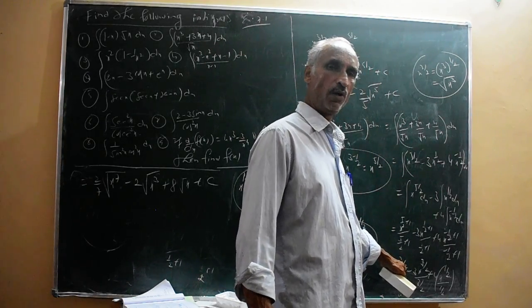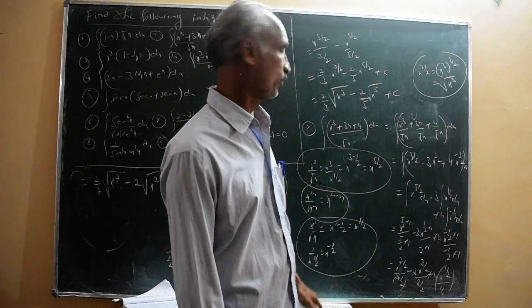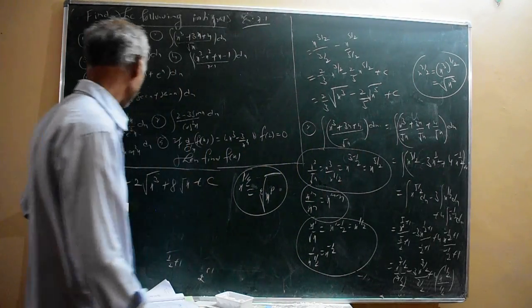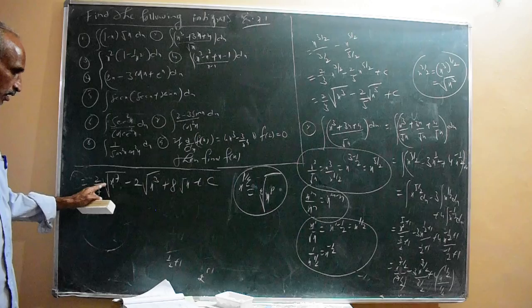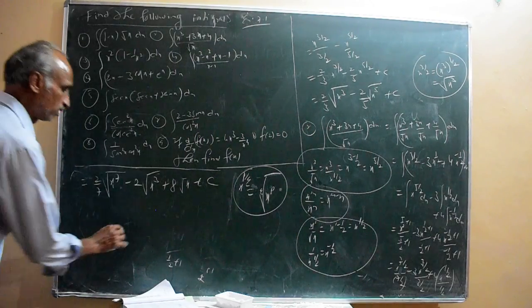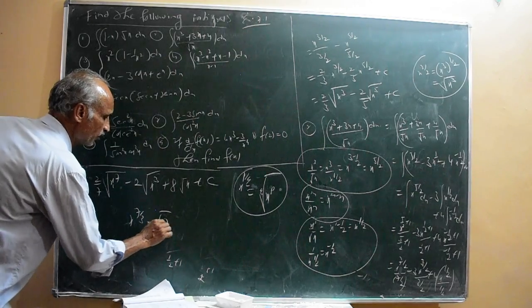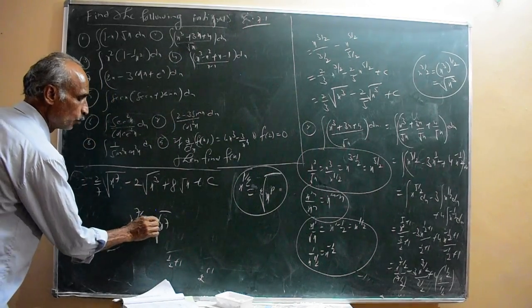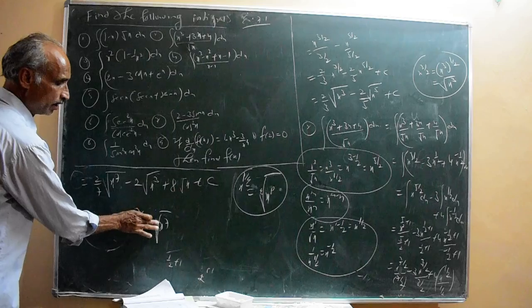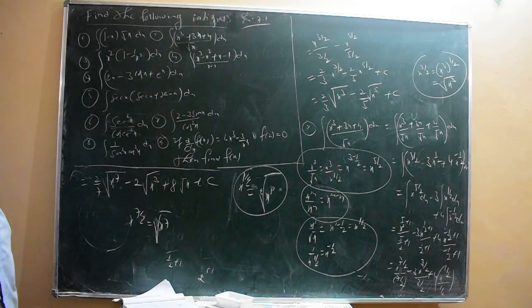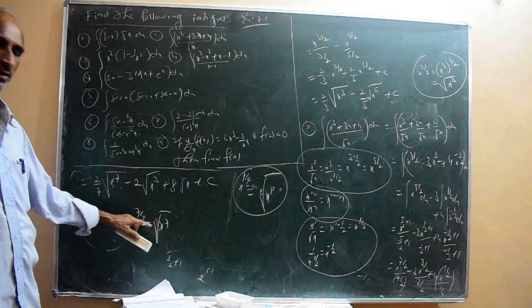The 2 is always a square root, there is no need to write 2 again. Inside the radical, the index 2 is understood. Suppose x raised to 7 by 3, it is the cube root of x raised to 7. If 2 is not written, it means it is a square root only.